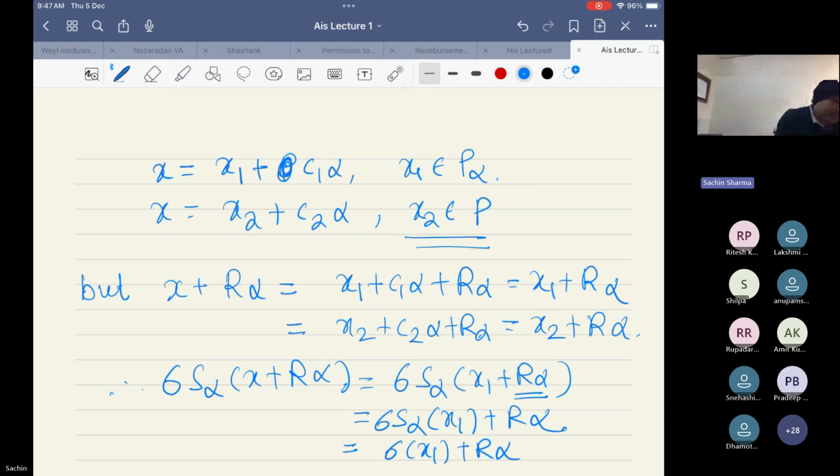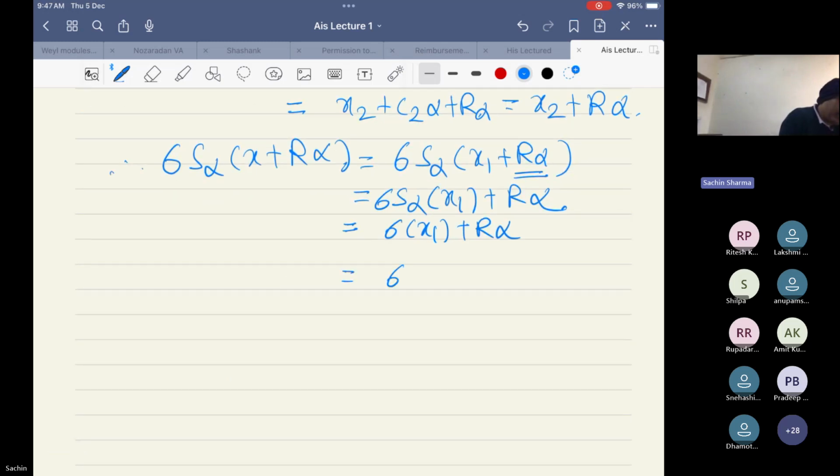But you could have started with x2, and this is x2 plus R alpha. More precisely, what I am trying to say is that sigma of S alpha will act as an identity on this quotient space.